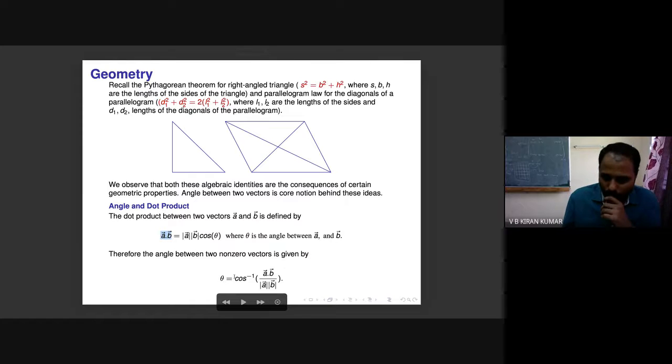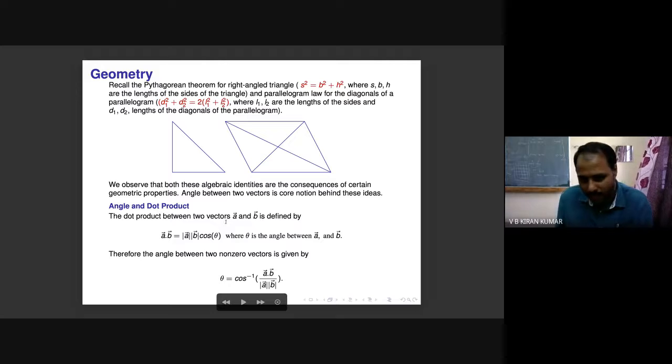Then you can define the angle between them by dividing by AB and taking the cosine inverse, so that will give you the angle. So if you know the dot product, you know the angle; if you know the angle, you know the dot product.